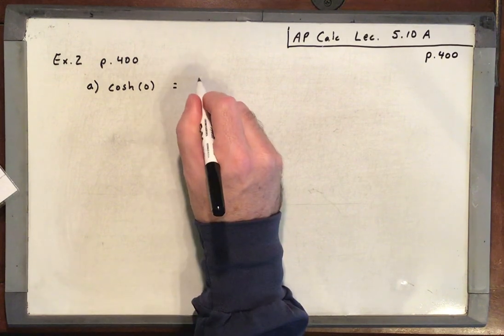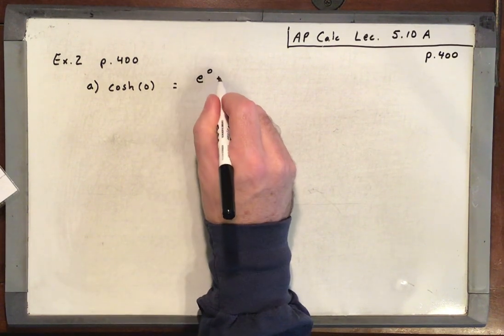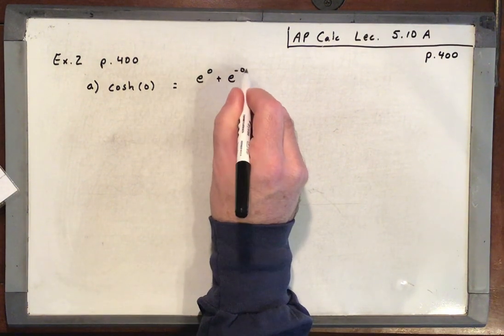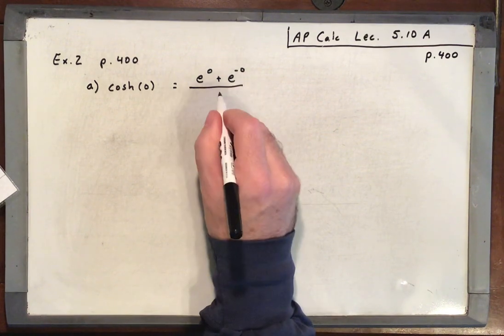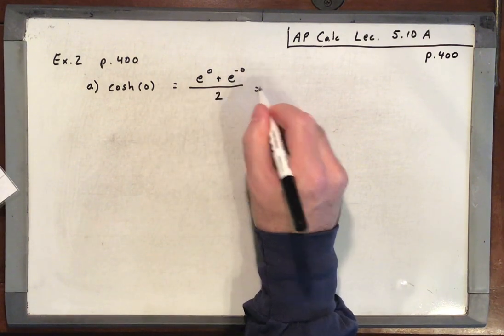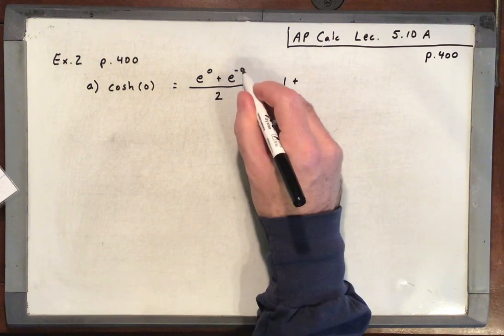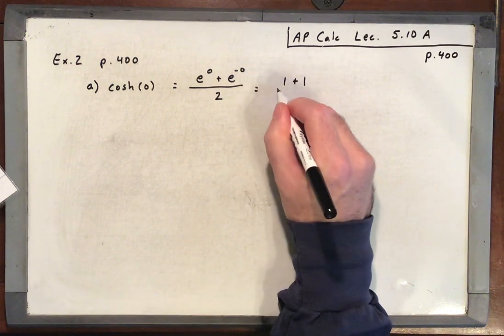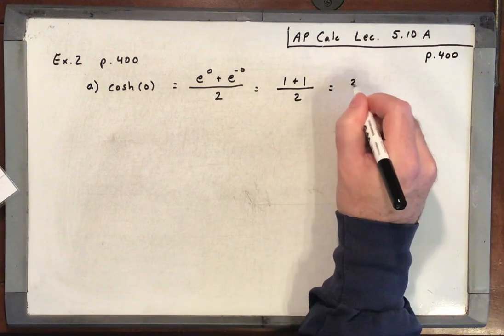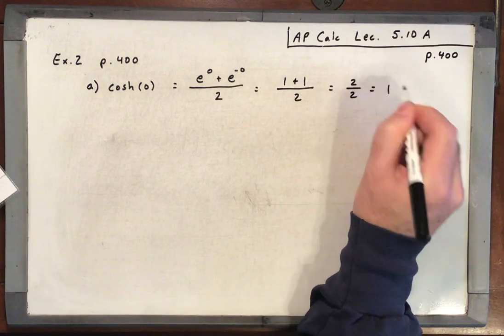So that's going to be e to the 0 plus e to the minus 0, over 2. Well, e to the 0 is 1. e to the minus 0, same as e to the 0, right? That's 1. So that's 2 over 2, which is 1.